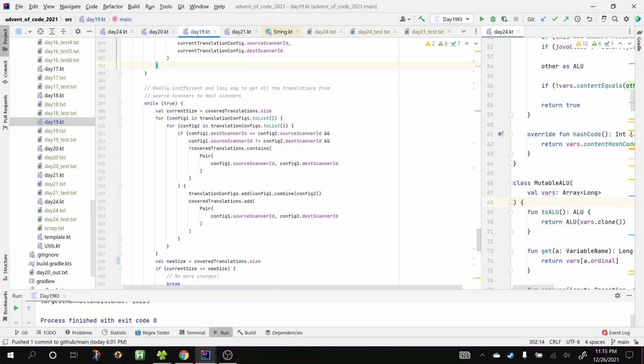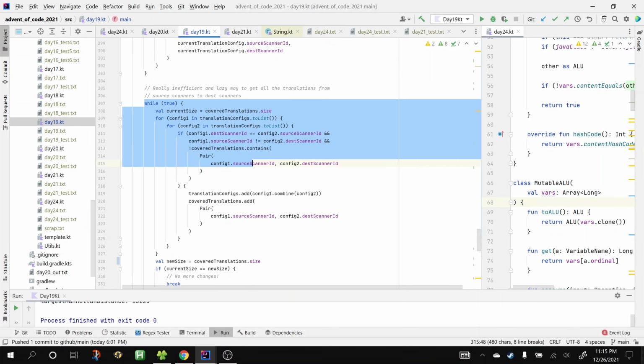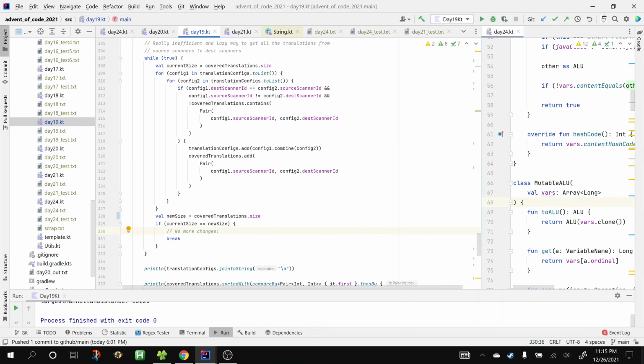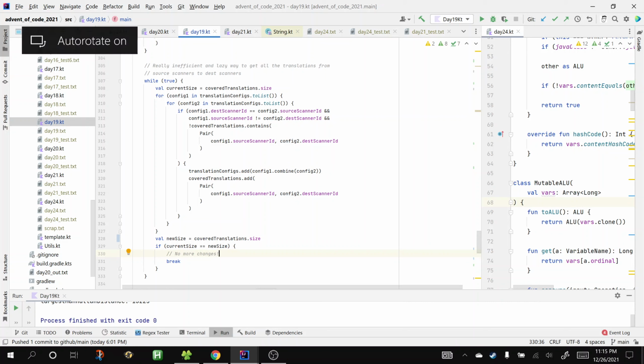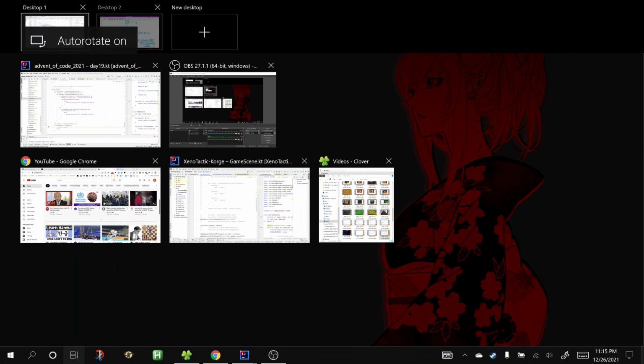To get all of them, what I did was had a while loop that just kept repeatedly seeing if there were any scanners which I can convert into another scanner. So for example, let me just show you here.